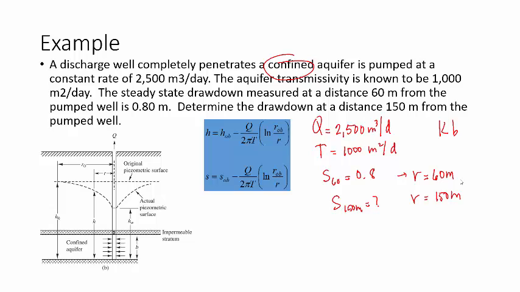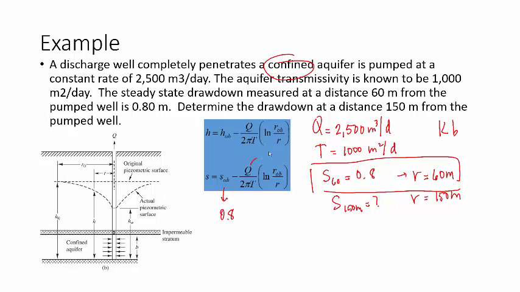Defining those variables is what is really important. Whenever we look at this, any well where you know the distance and the drawdown, or the distance and the water table, it would be like an observation well. So this would be your observation well of 0.8. Here you have your Q, and we'll leave it in cubic meters per day because the coefficient of transmissivity is in square meters per day.